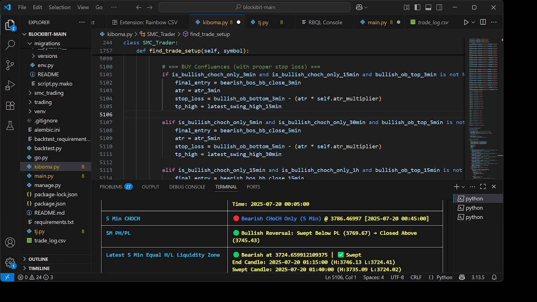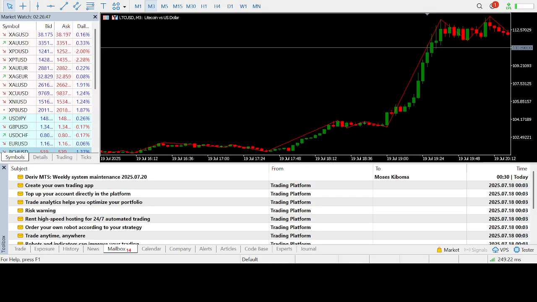Okay, so let me see. I'm trying to look for this screen and then look for that Volatility 50.